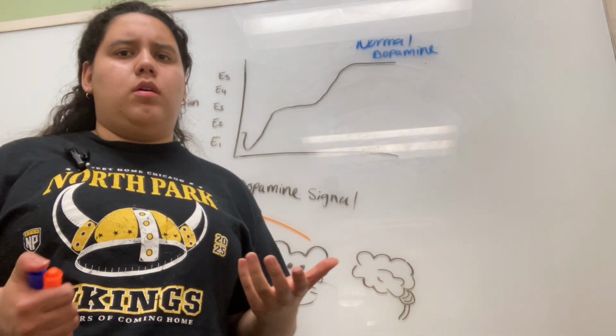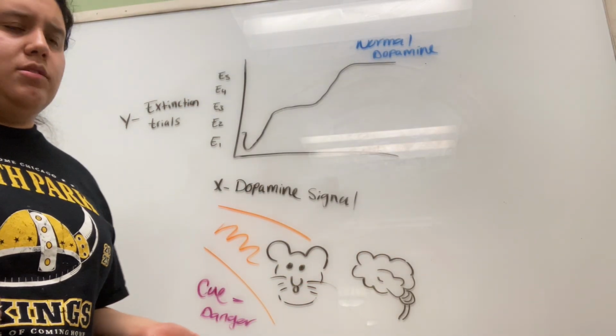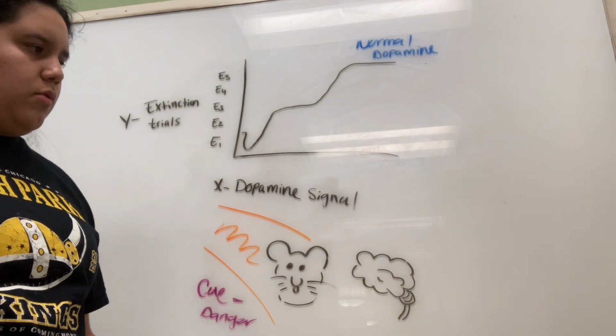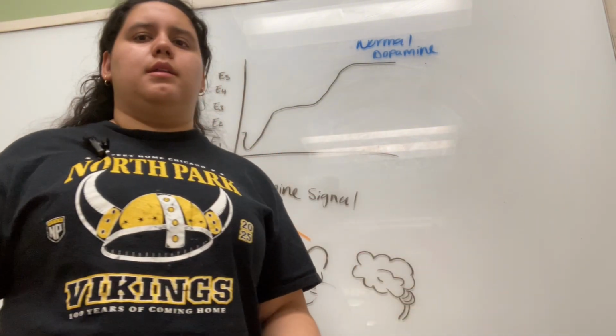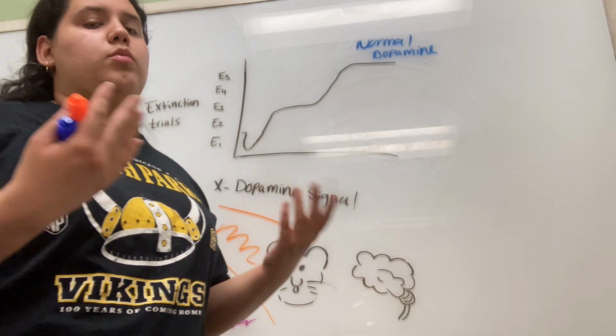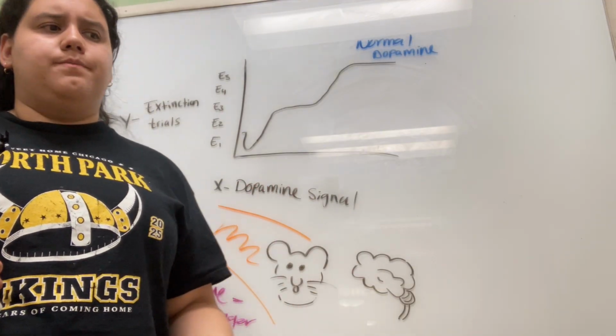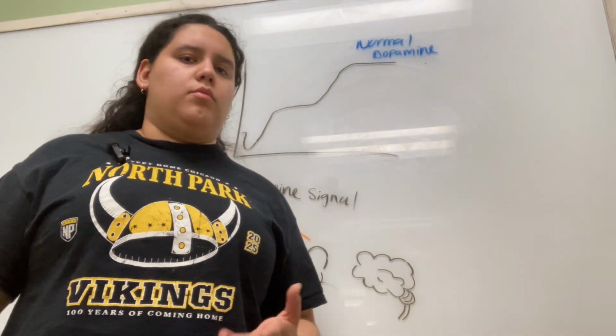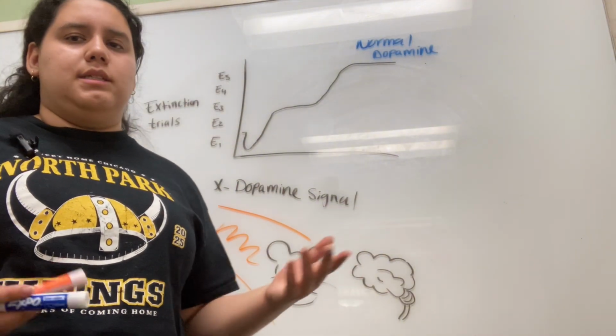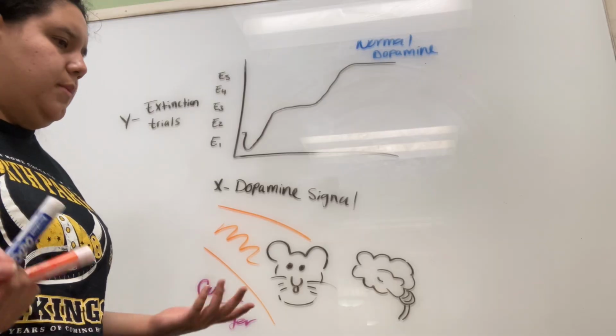And then the overall point is this figure shows that dopamine is not just about reward, which we usually associate dopamine with, where once you get something, your dopamine rises, right? But it's not just about reward. It's about learning from mistakes and updating what we expect from the world.